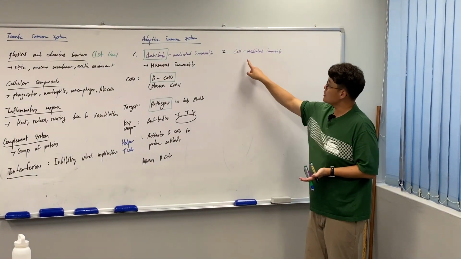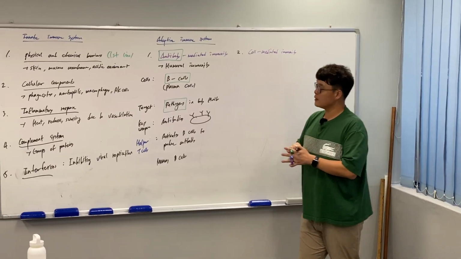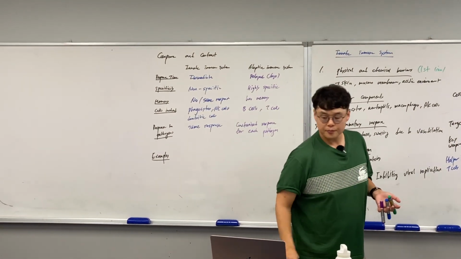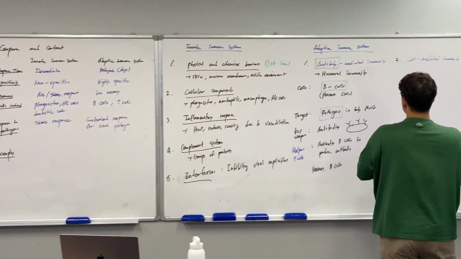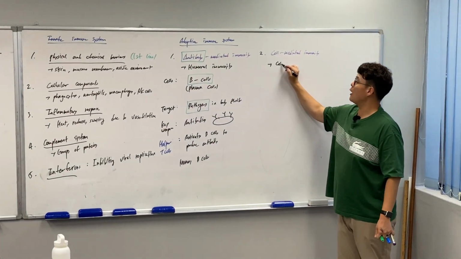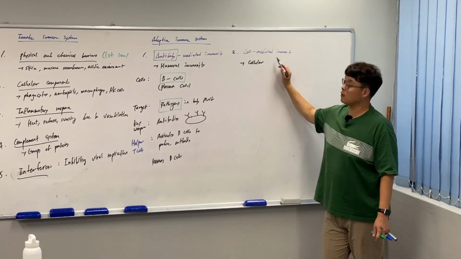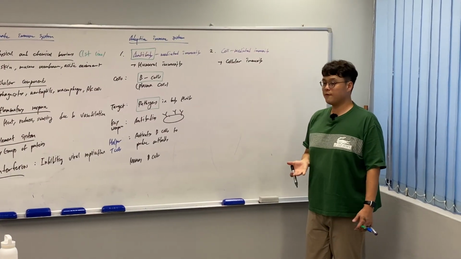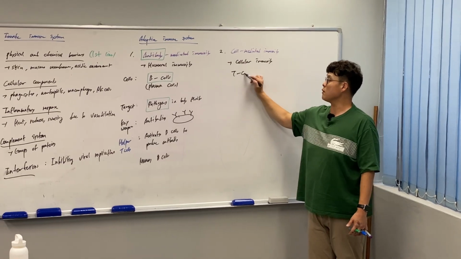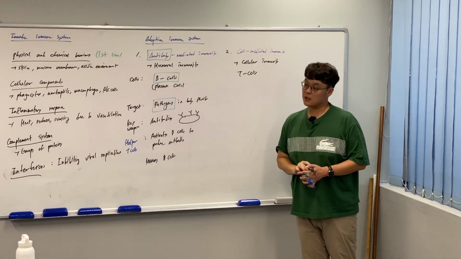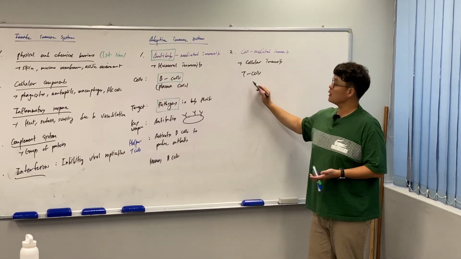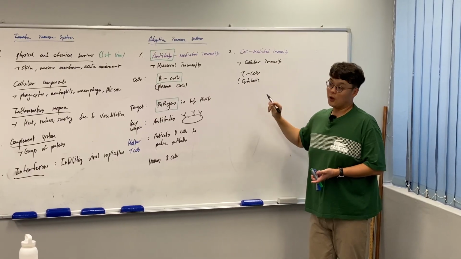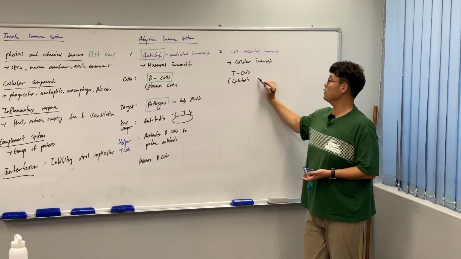Okay, now cell-mediated immunity is not really directly targeting the pathogens. So it is also known as the cellular immunity. The cells involved for that are the T cells, not the B cells, especially in the case of the cytotoxic T cells.